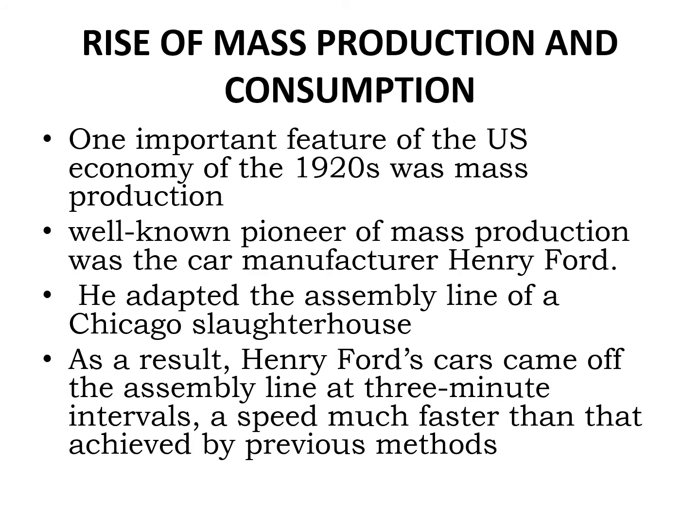The important feature of the US economy was mass production. The well-known pioneer of mass production was Henry Ford. He adopted assembly line production after seeing a Chicago slaughterhouse. As a result, Henry Ford's cars came off the assembly line at 3-minute intervals, a speed much faster than achieved by previous methods.